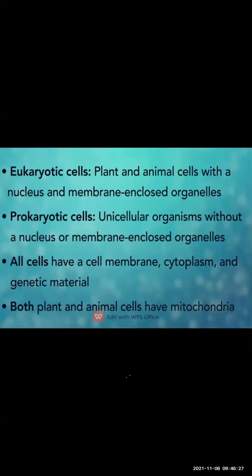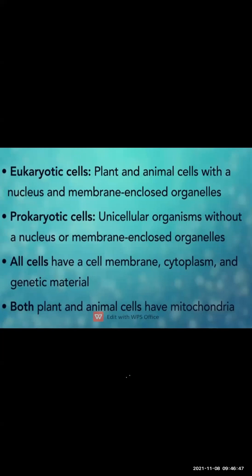Now, in this lesson, we have studied the cell and also the different parts of the cell. We have studied that the mitochondria is the energy-producing part of the cell, and it is also known as the powerhouse.